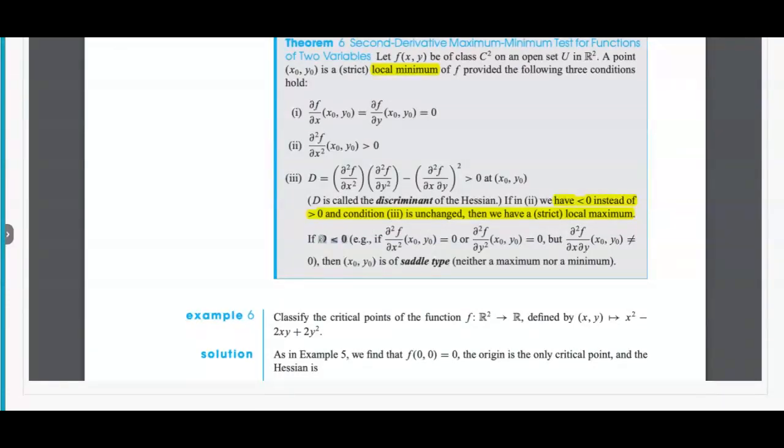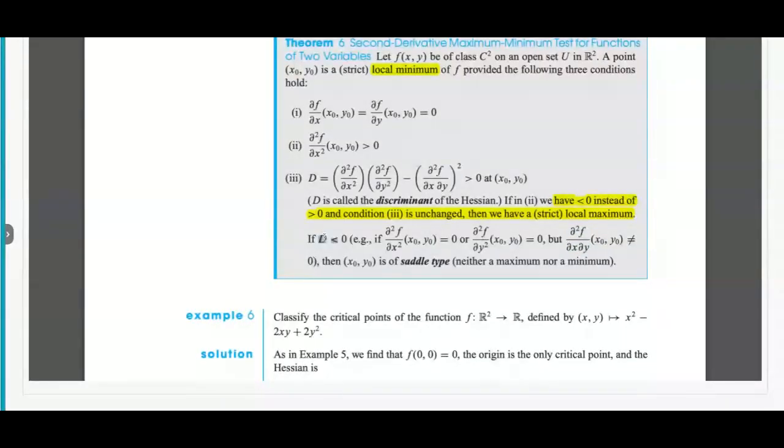If the discriminant is less than 0, which can happen when the second partial in x squared equals 0, or the second partial in y squared equals 0, but the mixed partial is not equal to 0. Right? 0 minus a non-negative value must be negative.